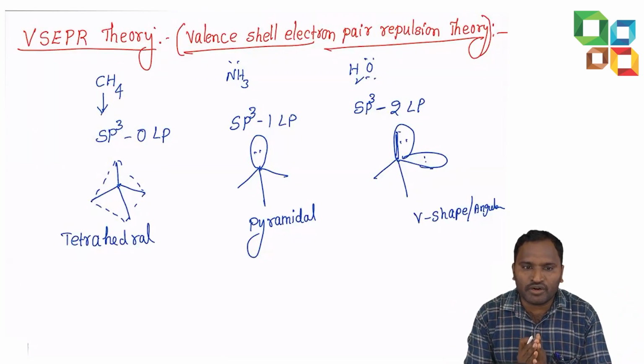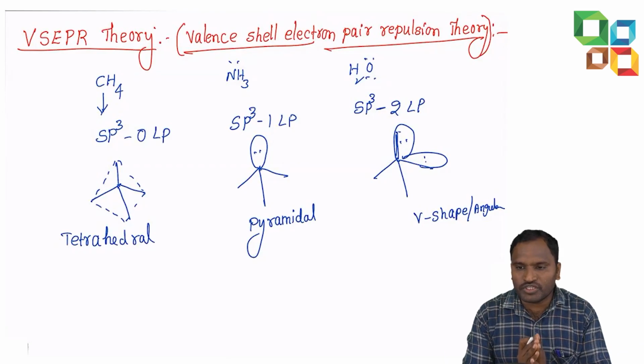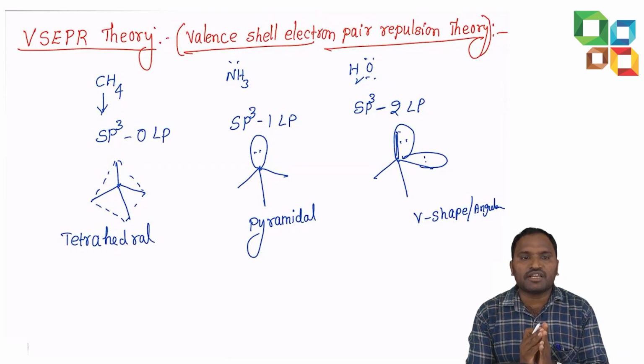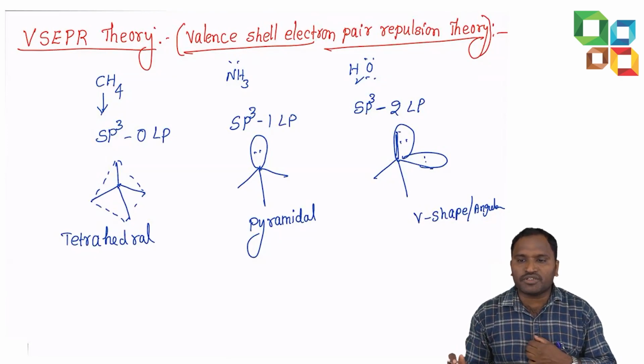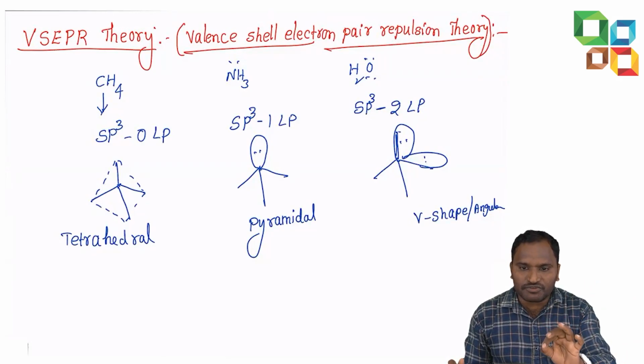Hybridization alone cannot explain the shapes of molecules. And so many students have one doubt. Here, if they ask what is the geometry of NH3, I tell it is tetrahedral. Listen carefully, students, don't write now.